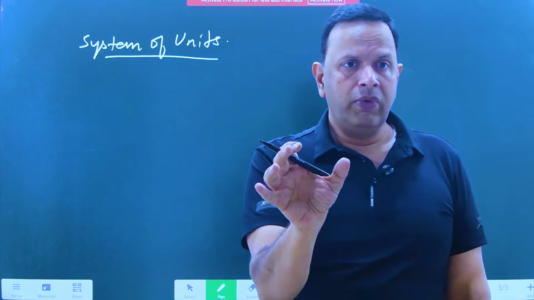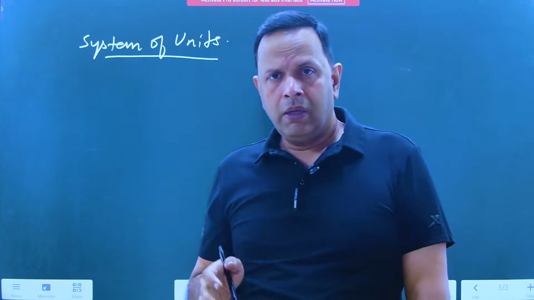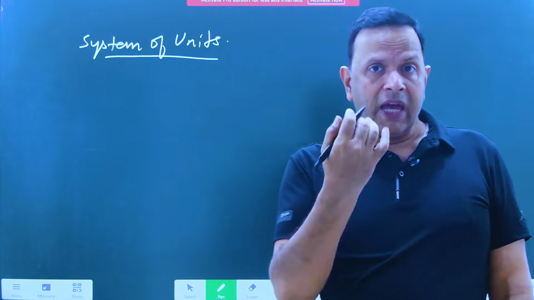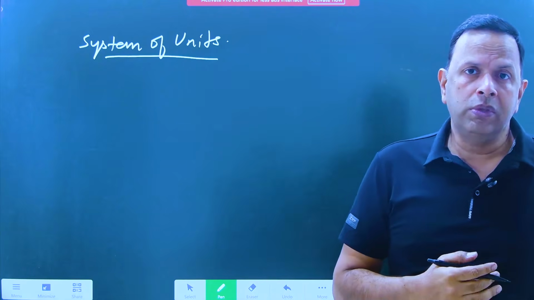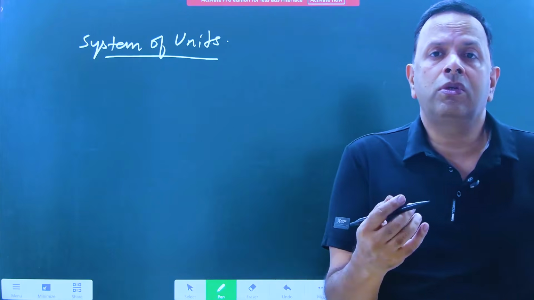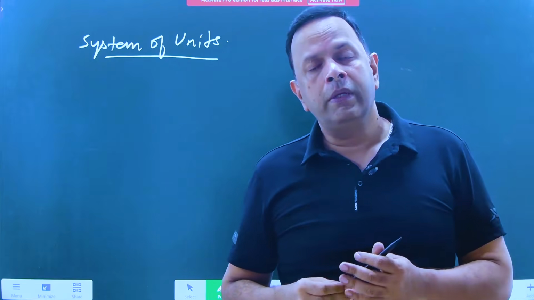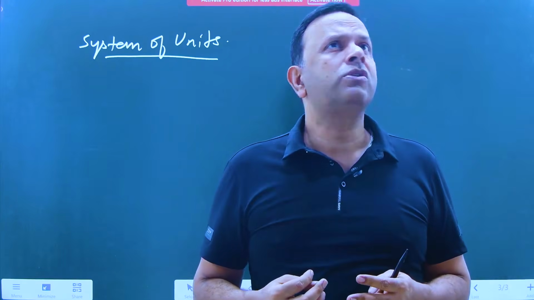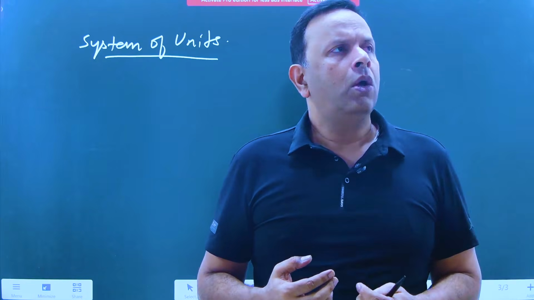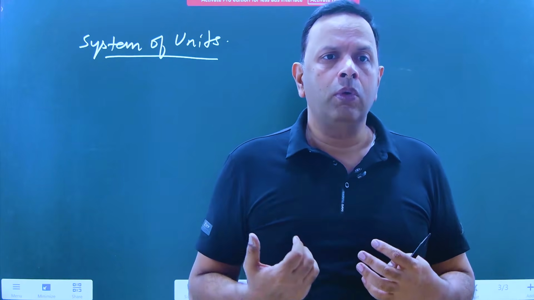In India, we use the tola system, which is close to 10 grams, right? So we have a system of unit in which we use tola, or there are some units in which mass is measured in man also. 100 kg is taken as man. For distance, we had the units of some kos or yojan. So we had different units of our own.